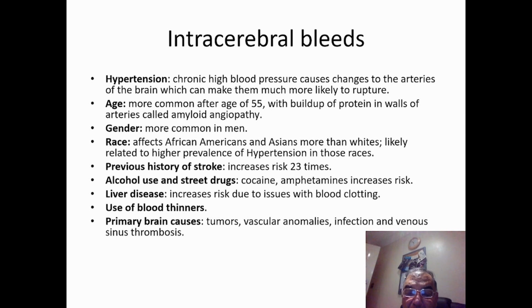Again, they're more common in men, and more common in African Americans and Asians. A previous history of stroke increases the risk quite considerably, and of course the reminders, as mentioned, alcohol use, street drugs, use of anticoagulation, all contribute to the risk of intracerebral hemorrhage.